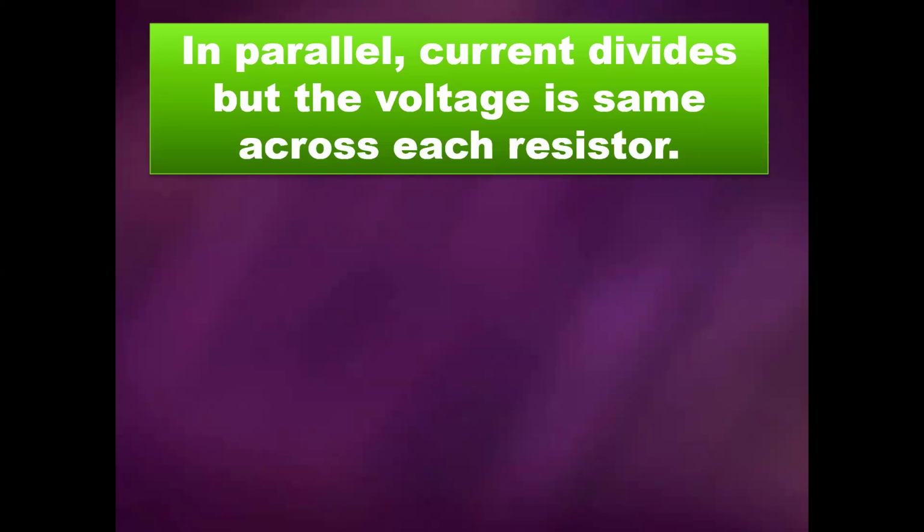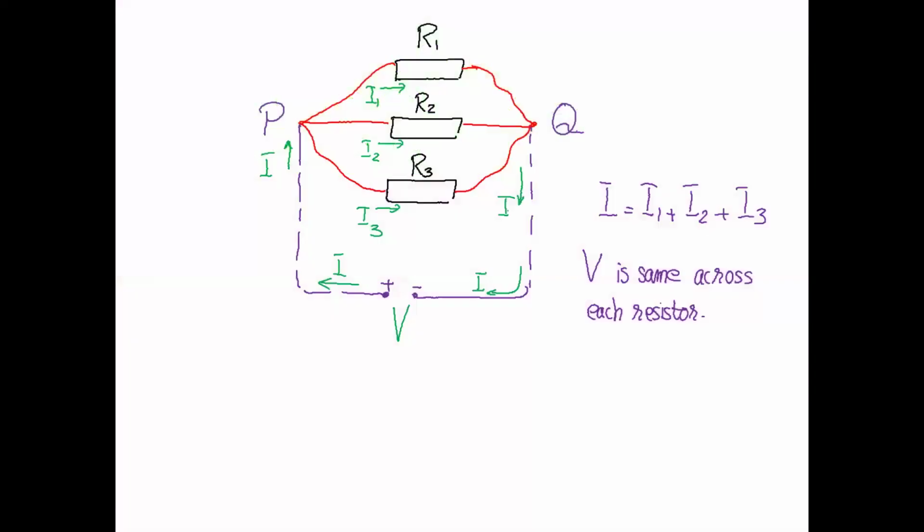Yeah. Now look at this. Multiple resistors in parallel: the current is divided and conserved, but voltage is the same across each resistor. So now you have to copy this circuit diagram also.